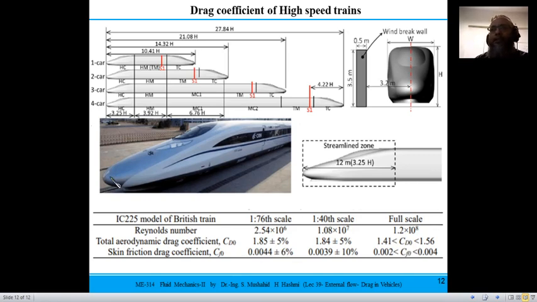That's why the shape of the body is more crucial in such design. So in all vehicles, aircraft, rails, and ground vehicles, in every vehicle, the drag at high speed plays an important role, and it has to be considered in the design as well.